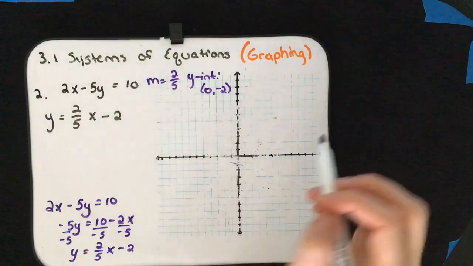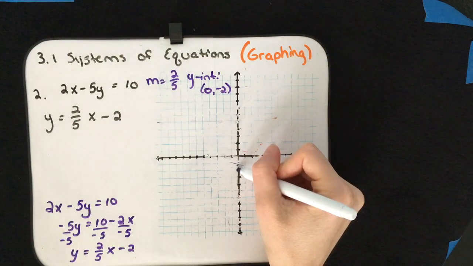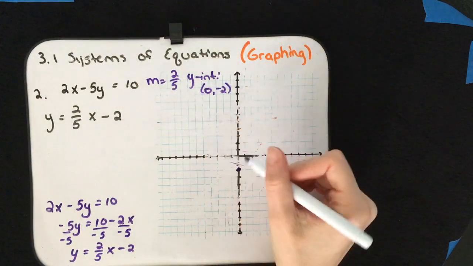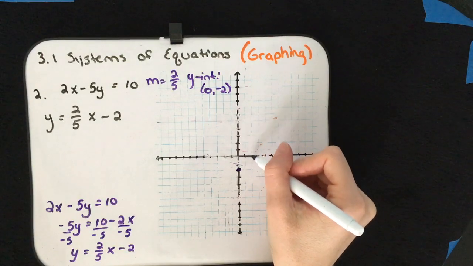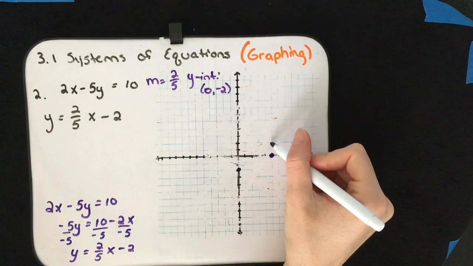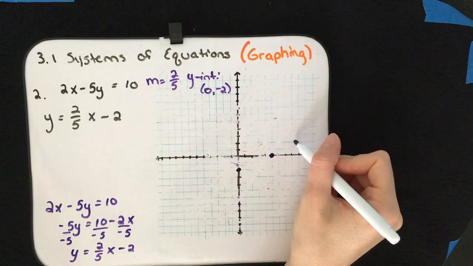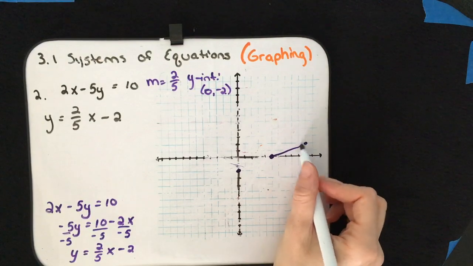If we graph, we start with our y-intercept of 0, negative 2, and then 2 over 5 means we go up 2 and over 5. We can draw our line.